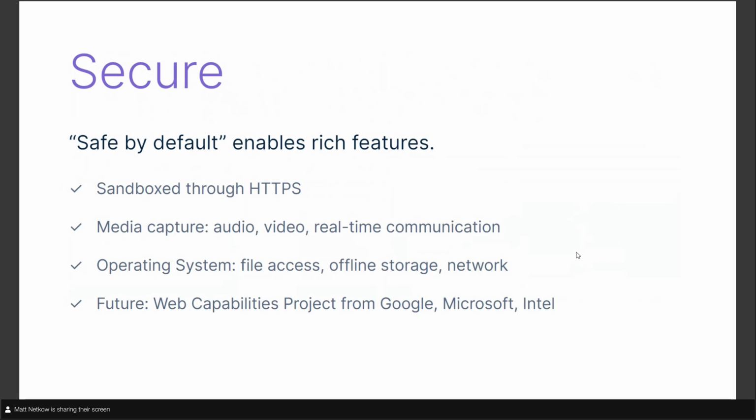That includes things like audio, video, and real-time communication, as well as different operating system access that you typically see in a native app, like accessing files, working offline and doing offline storage, as well as managing network requests in and out. Additionally, there's a lot of future work being done by teams at Google, Microsoft, and Intel now.